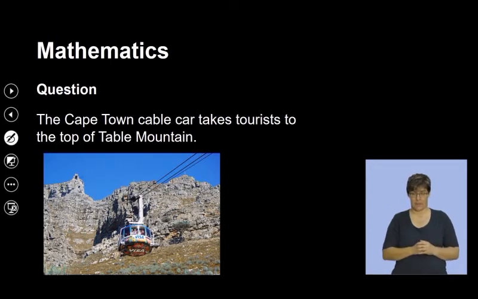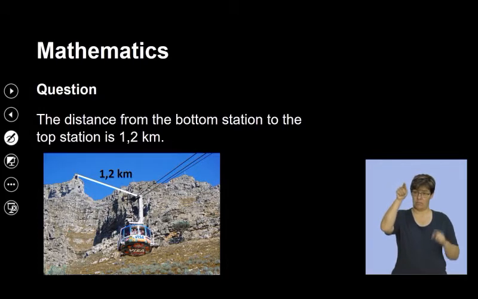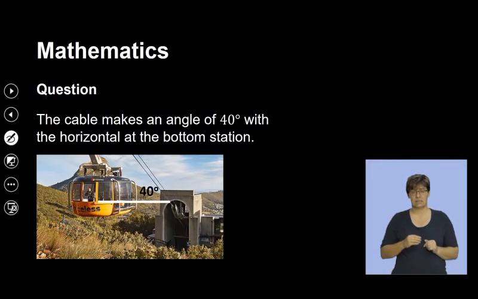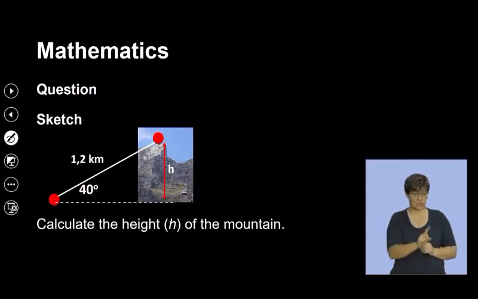What we want to know is, if the distance from the bottom station to the top station is 1.2 kilometers, we want to find the angle that the cable makes with the horizontal at the bottom station, which is 40 degrees, you can see from that. Then the big question will be: calculate the height, right? The height being from the top of Table Mountain to the horizontal surface. What will then be the height?